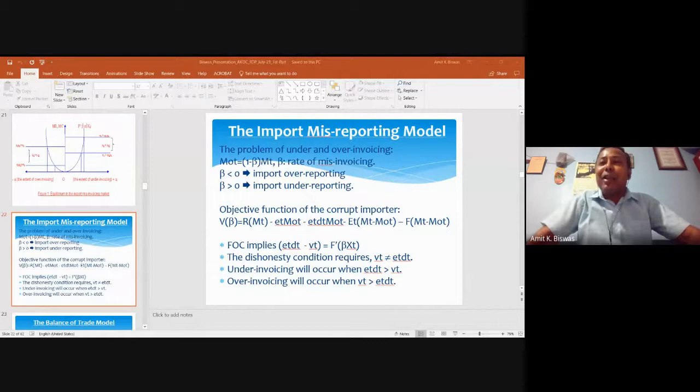Actually, correct reporting must be done, but the very basic of our discussion today is that you are corrupt. All the traders are corrupt. They are not reporting properly. So if they are not reporting properly, what else should they do? That's the reason you must not report properly unless and until VT equals ETDT.